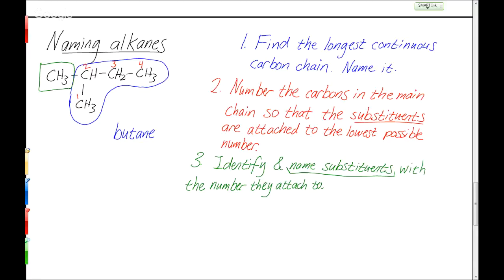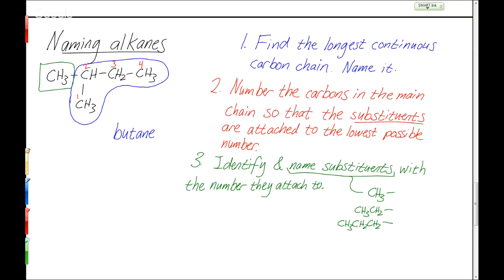The types of substituents that we're going to mostly see are a CH3 hanging off something, a CH3CH2 hanging off something, or maybe in some cases a CH3CH2CH2 hanging off of something. And those names are based on the same names that we used earlier, but because they're a substituent, the name gets changed a little bit.